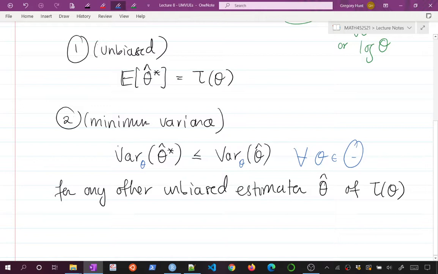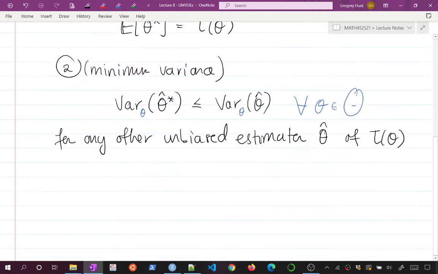We want this thing to be the best estimator in all cases. The reason being is that we don't know what the truth is, right? If we knew what the truth is, we wouldn't have to solve the problem. We wouldn't have to estimate it. We don't know what the truth is. And so, if possible, we would like our best estimator to be the best regardless of what the truth is, so we can always be assured that no matter what the truth is, this is going to be the best thing to do.